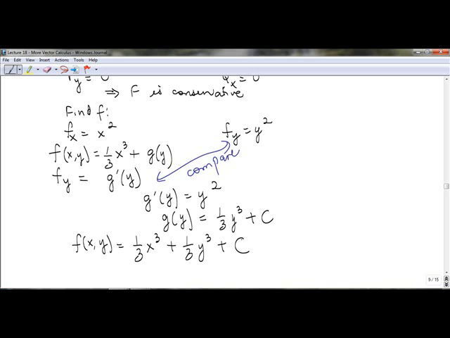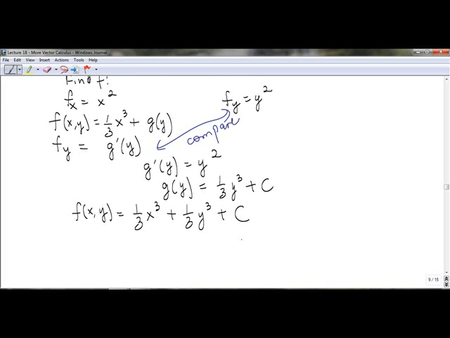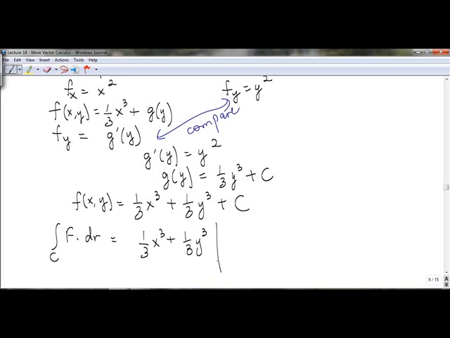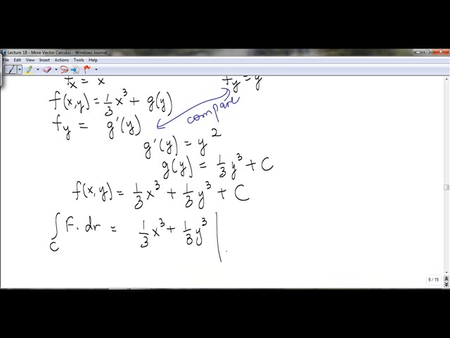Last step. Find the line integral over C of F dot dr. That means we are going to evaluate that function at the endpoints. So don't worry about the C. So this is 1/3 x cubed plus 1/3 y cubed evaluated at, what's the starting point? -1, 2. And the endpoint, please? 2, 8.